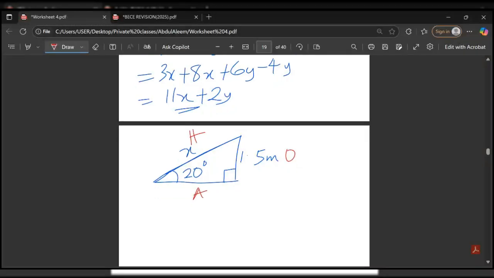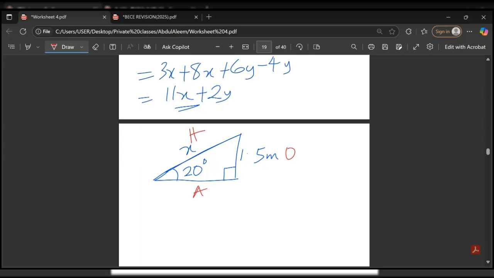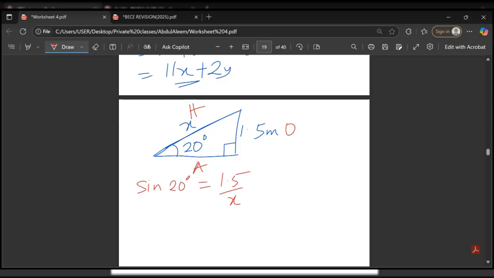So what we're going to do now is opposite over hypotenuse. That's going to give us sine 20 degrees equals opposite, which is 1.5, divided by x. So find sine 20. That is 0.3420. 0.3420 equals 1.5 over x.